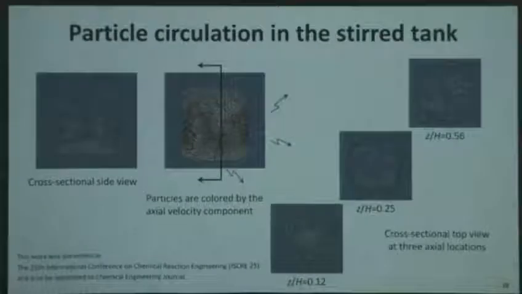Yeah. And next, for the last part, I will talk about the stirred tank simulation. These are very preliminary results, first given at ISCRE 25. This is the simulation of the whole stirred tank, and you can see the circulation of the particles, and this color is the vertical velocity.